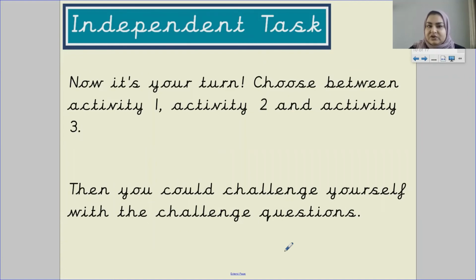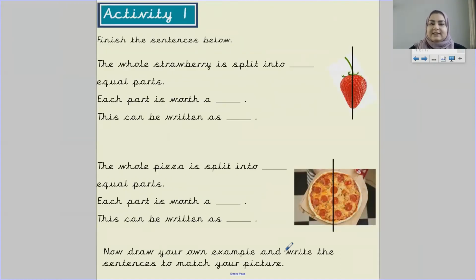So it's time for you to do your independent task. Choose between activity 1, activity 2, and activity 3. Then you could challenge yourself with the challenge questions. For activity 1, you must finish the sentences below. Over here it says the whole strawberry is split into something equal parts. So you need to see how many parts it's split into.